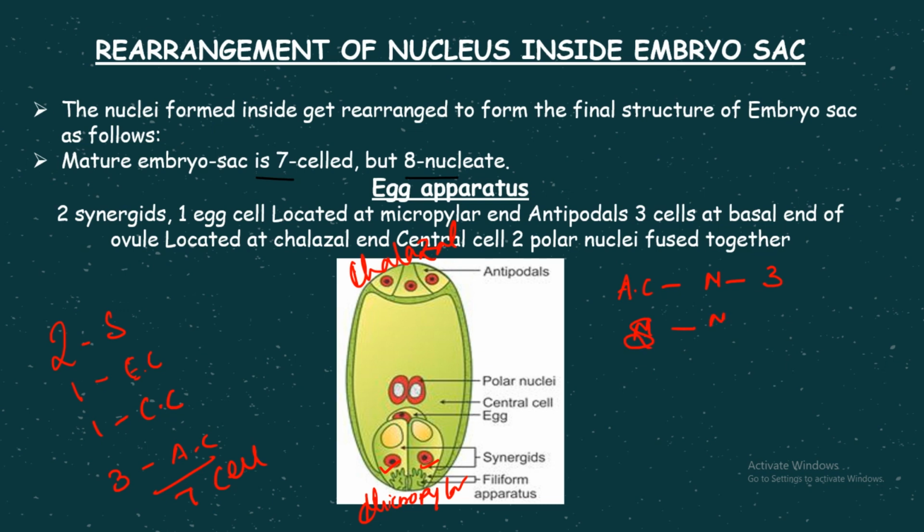In the egg cell, the nucleus number is 1, and in the central cell, the polar nuclei number is 2. Now if we count, 2 plus 1 is 3, 3 plus 2 is 5, 5 plus 3 is 8. So that means inside the mature embryo sac, there are a total of 7 cells and 8 nuclei. So just remember these things very nicely.